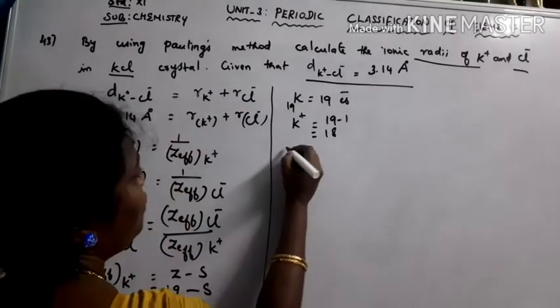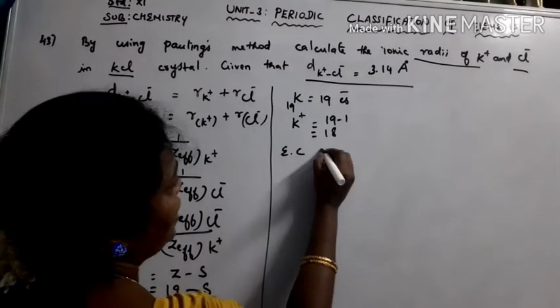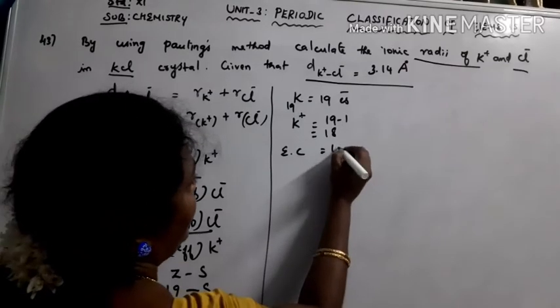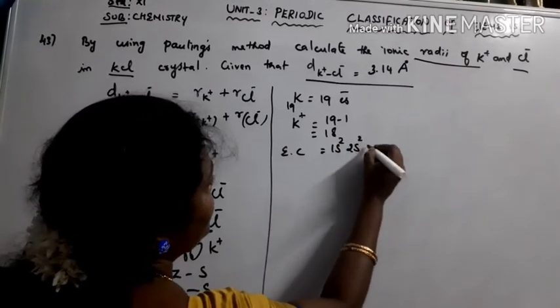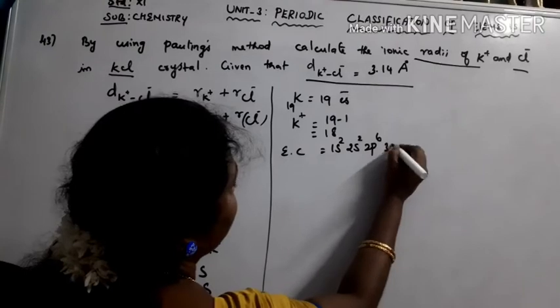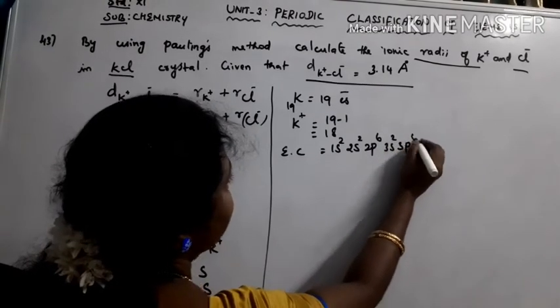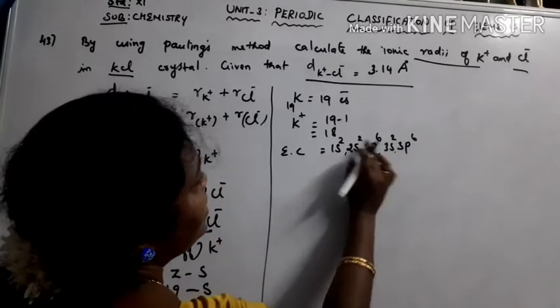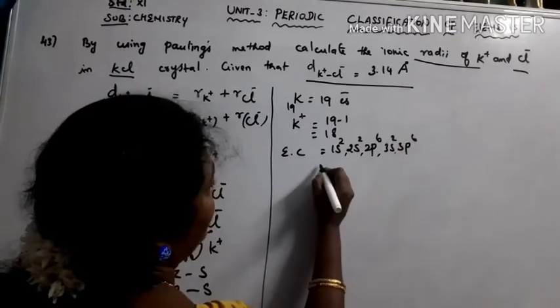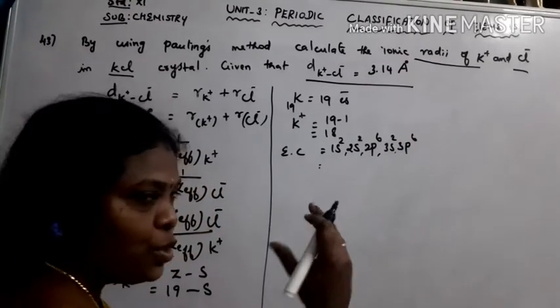First, let us write the electronic configuration: 1s2, 2s2, 2p6, 3s2, 3p6. Let us count it: 2, 10, 12, 18. Next we group them together. How do we group it?